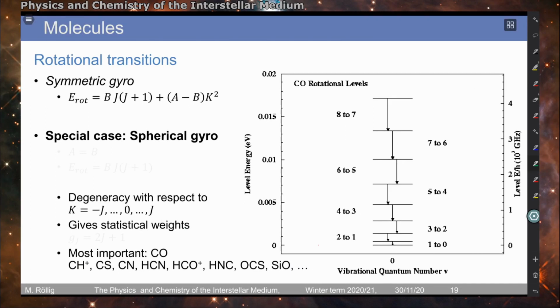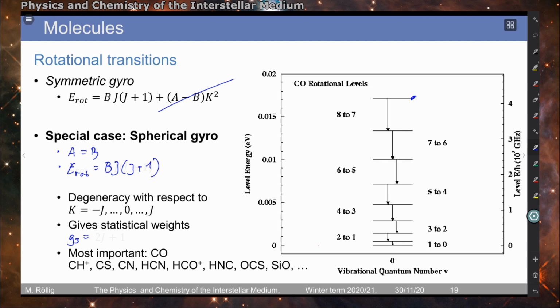A simpler case is a spherical gyro, where we have the case that A and B are the same, and here this term then cancels out, so that the rotational energy is only determined by the rotational quantum number J. So that means that the split between the different K values vanishes, and every J value is degenerate with 2J plus 1.